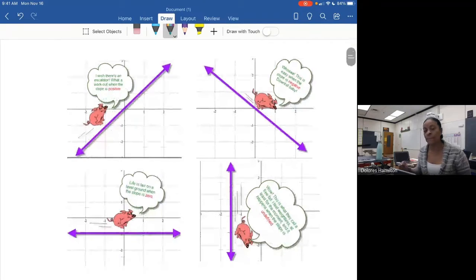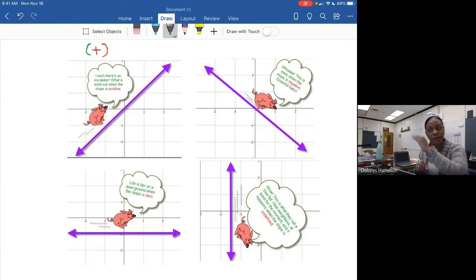So first of all, with a linear equation, we read it like we read in English, from left to right. So if I'm looking from left to right, like in this first example, I would say that's a positive slope, because from left to right, it's increasing. If I look at the second one, left to right, it's decreasing.